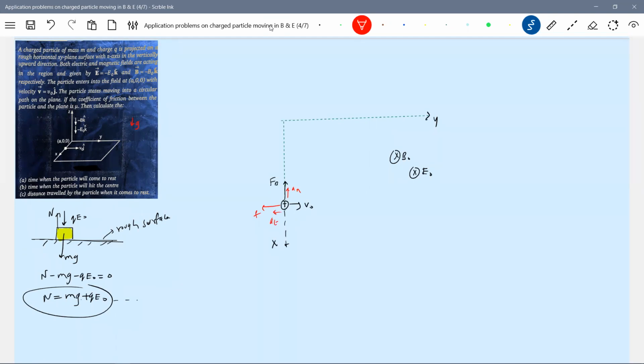Very simple analysis. The magnetic force will try to provide the required centripetal force, and the friction will provide a tangential retardation. So let's write the equation. What can be the path of the particle? First we'll get into the mathematics. Here Q B naught V should be equal to m v square by R.